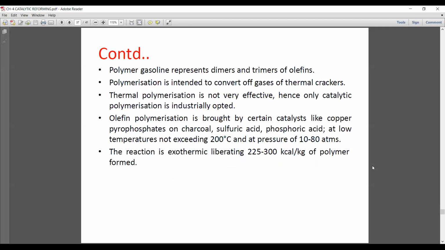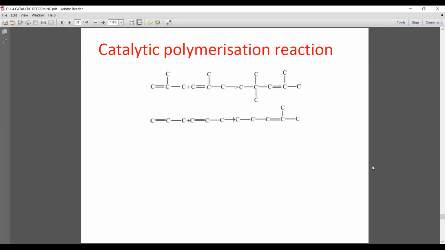This is one of the catalysts used in olefin polymerization, and sulfuric acid, phosphoric acid at low temperatures not exceeding 200 degrees Celsius, because you need to achieve the catalytic activity. So if you go beyond 200, the catalyst will be deactivated. The reaction is exothermic, liberating almost 225 to 300 kilocalories per kilogram energy of polymer formed. So this is a polymerization reaction. Okay.